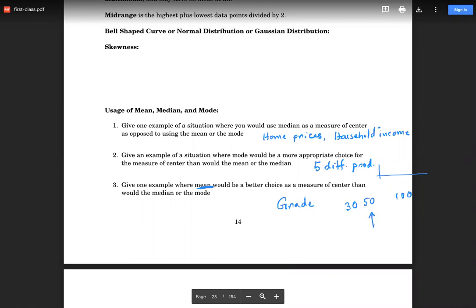That probably would not be that good for you. On the other hand, if I use average, 100 plus 50 plus 30 is 180, divided by 3 gives you 60. So average for class grades or exam scores would probably be a better choice than mode or median. This is a general example that I'm giving you.